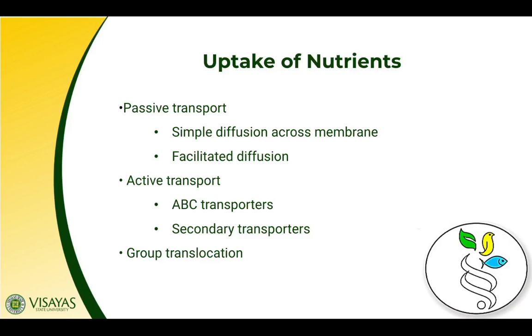So first is passive transport. You already know about simple diffusion and facilitated diffusion. In facilitated diffusion, there is binding of the substrate, and that binding induces changes in the conformation of the transport protein. This is what speeds up the diffusion, because there is a higher concentration of these solutes outside the cell.